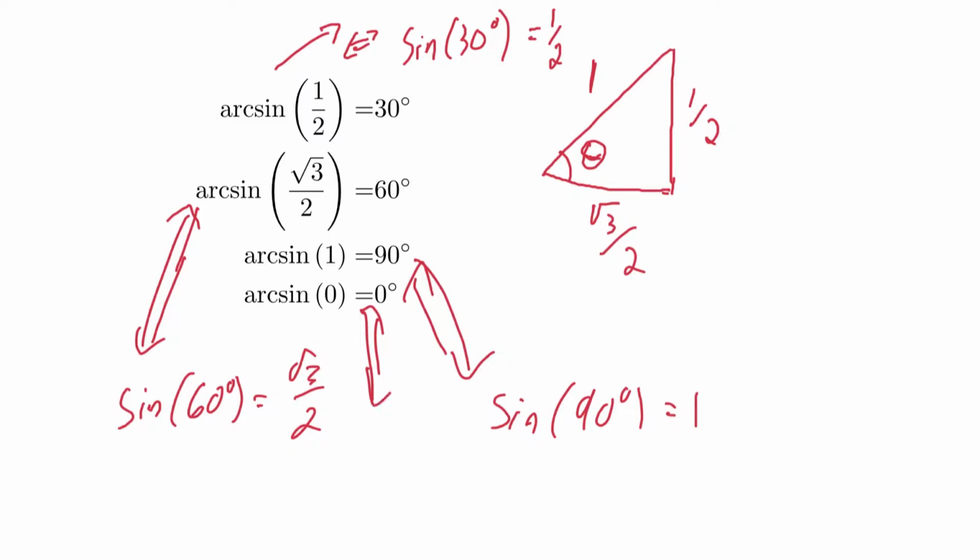And this last one here is like saying that sine of 0 degrees equals 0. So if you have a hard time remembering things, keep in mind that it's totally equivalent to just remember the important values for the sine function. You don't necessarily need to memorize the values for arc sine. They can be derived from each other because they're inverse functions.